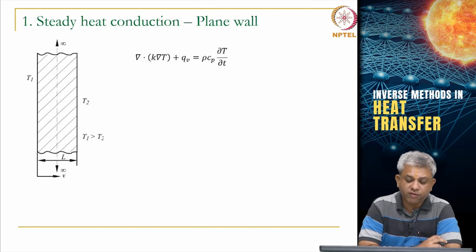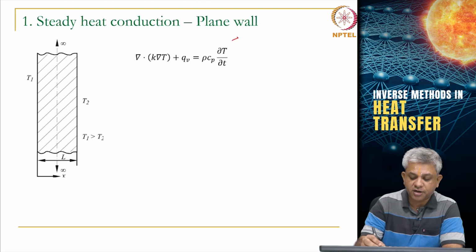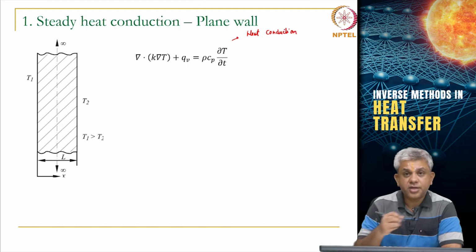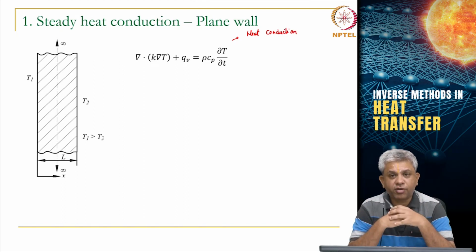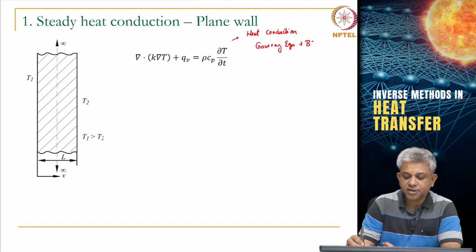If we start with the most general equation, this of course was the heat conduction equation. Please remember that solving any problem of this sort, or developing a forward model, involves just the governing equation plus the boundary conditions, plus initial conditions in case it is unsteady.